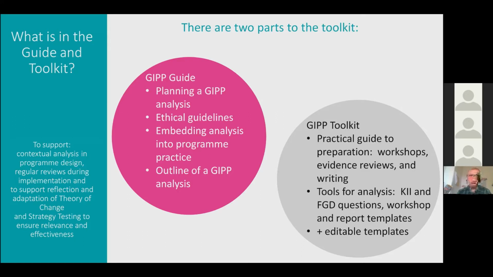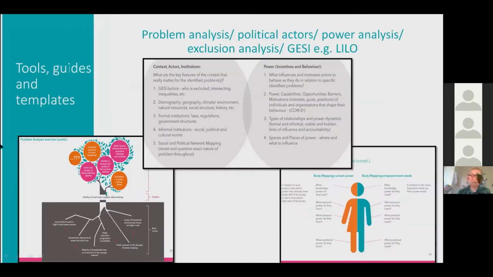So if we go on to the next slide, where we look at some of the tools, particularly, so slide 4, yeah, thanks. So I just put 3 of the tools up on this slide just to show you, but there's a selection of tools and exercises that can help and can be adapted to suit the local context.